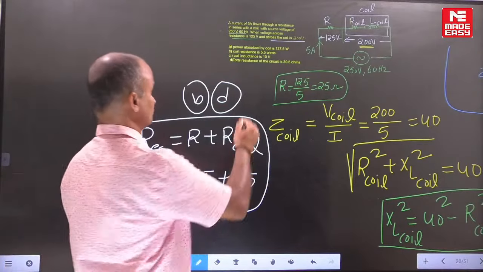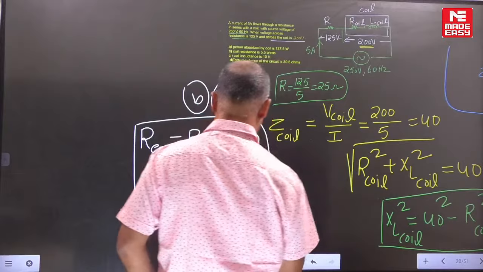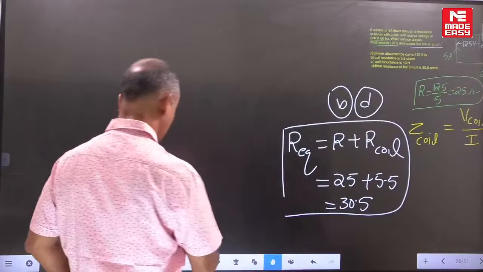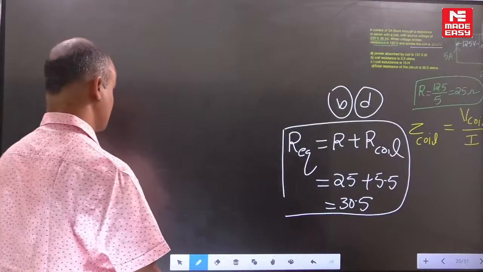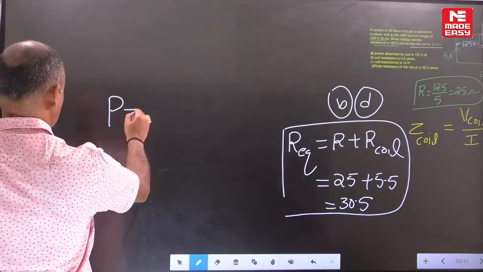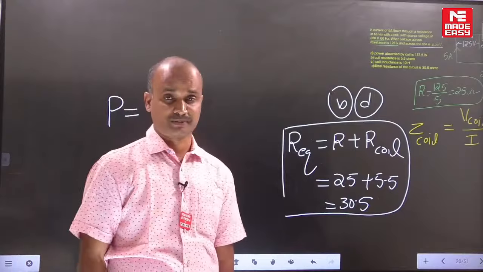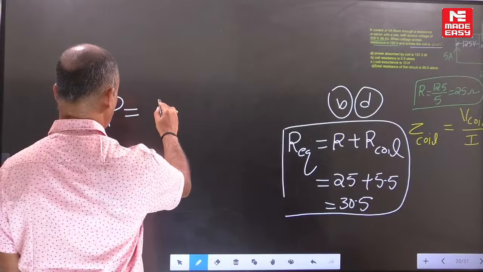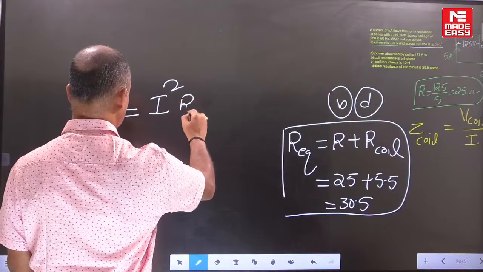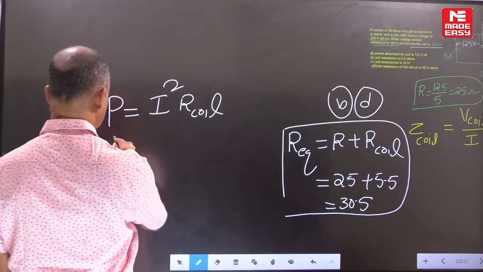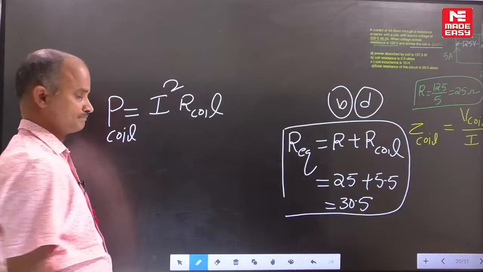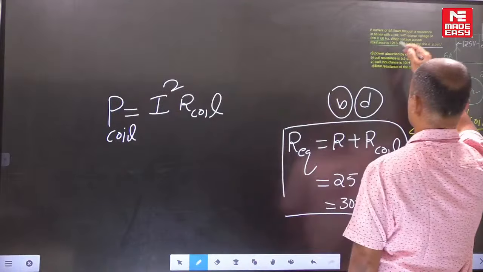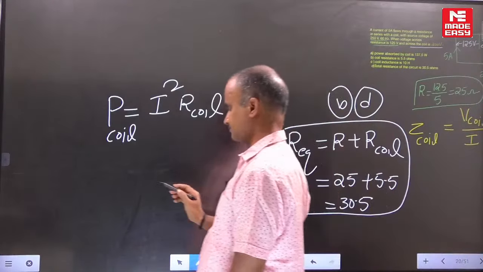Come to the first option. In the first option, what is given is the power dissipation, the power absorbed by the coil. Simply, in this example we have to find the power dissipation corresponding to the coil. The formula for power dissipation is I square R. The current given in the data is 5 amperes.